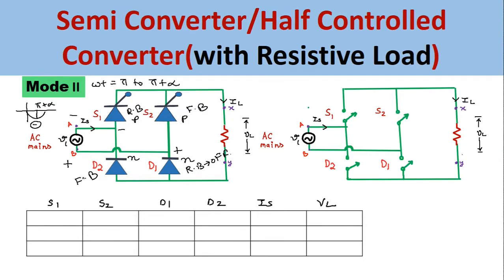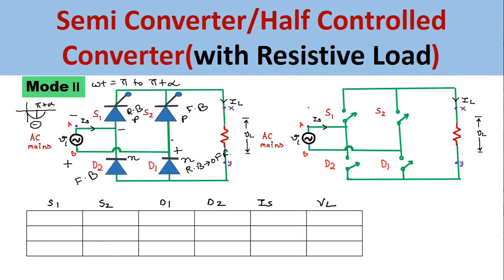But here D2 diode is in forward bias condition, but it cannot conduct current because this SCR2 is in forward bias condition, but it will conduct only when gate pulse is given to this SCR. So until and unless gate pulse is given to this SCR, this SCR2 cannot conduct.